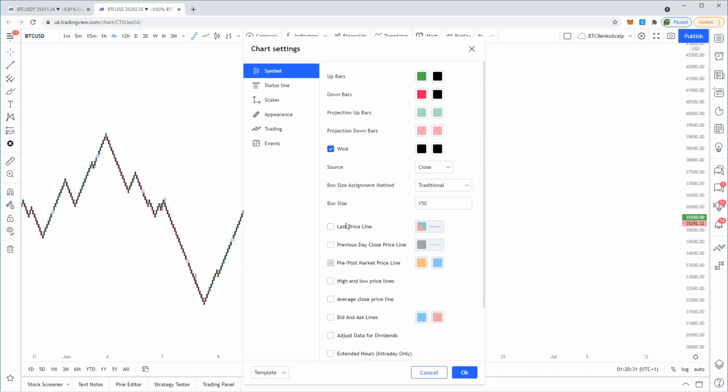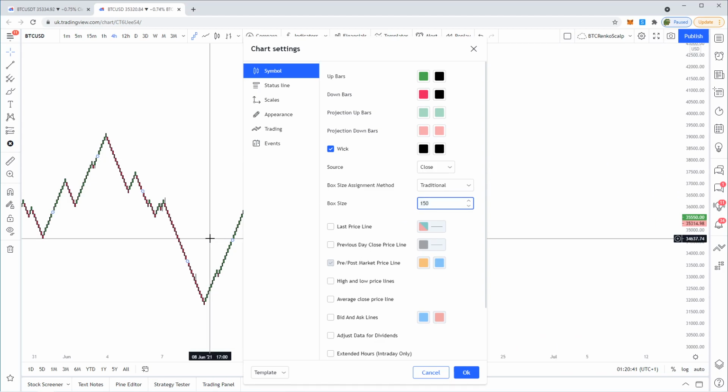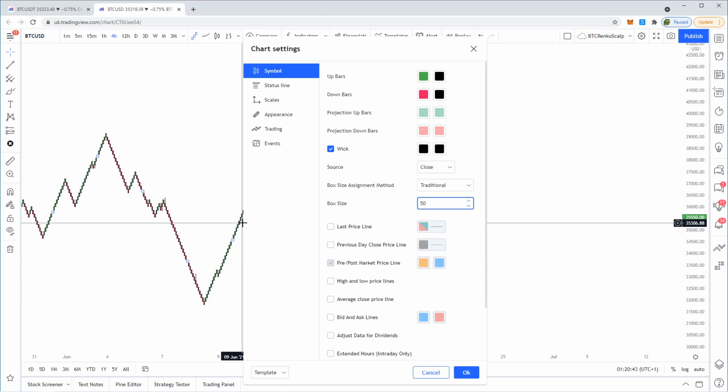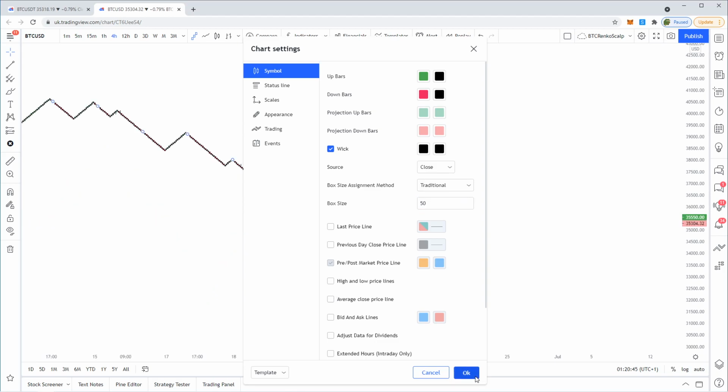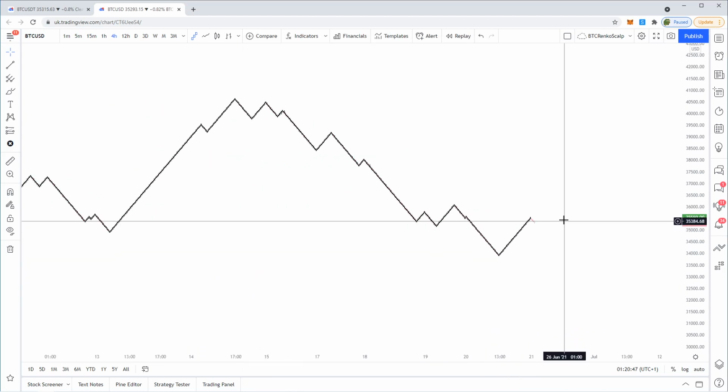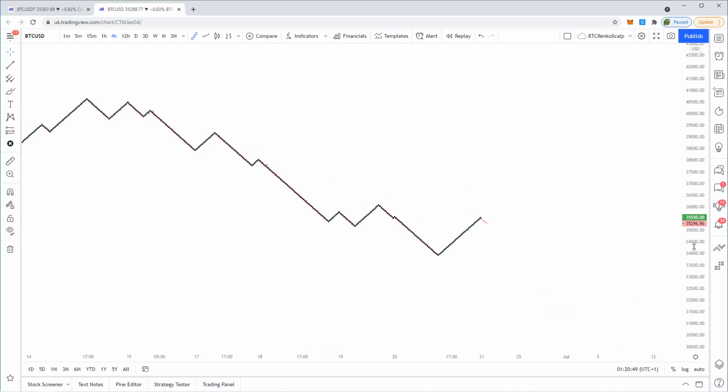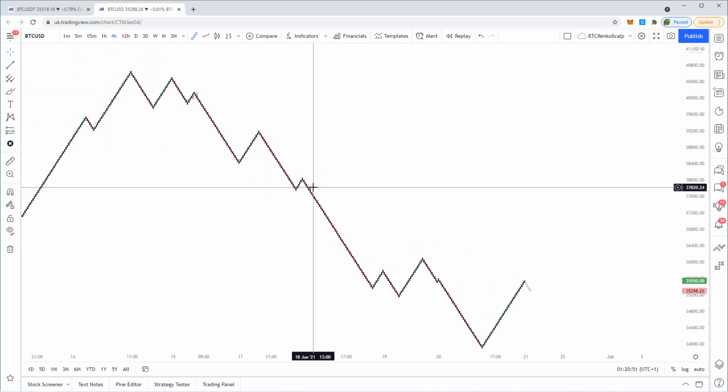So that's what this box size is representing. The box size is the total dollar value moved of the market you're looking at. So if I want to see one Renko brick for every $50, then I enter 50. Okay, now I can see every $50 price movement of BTC.